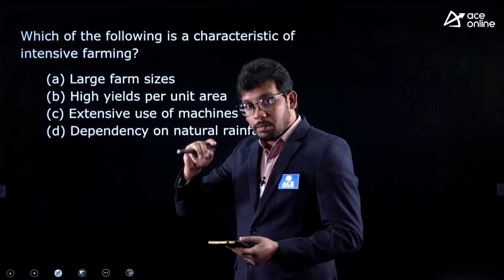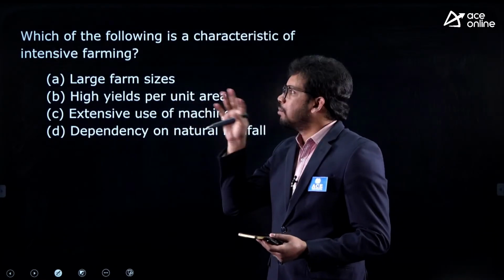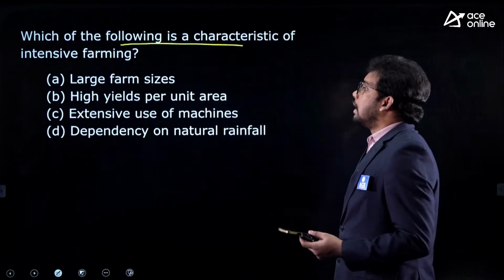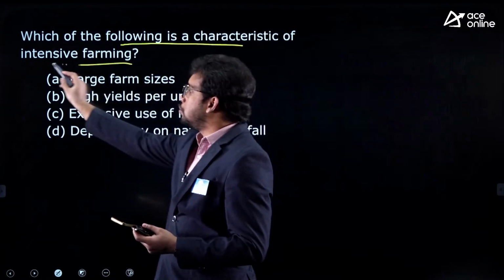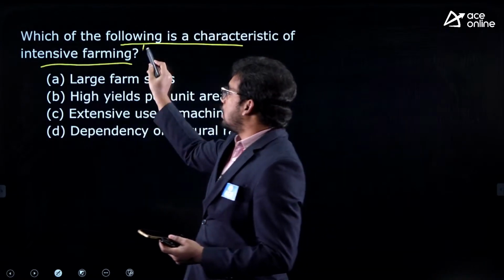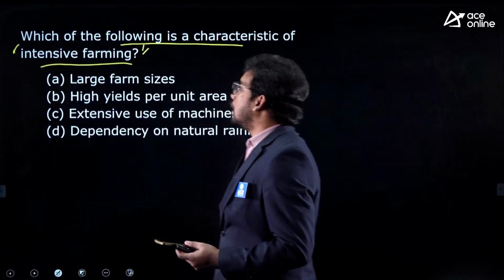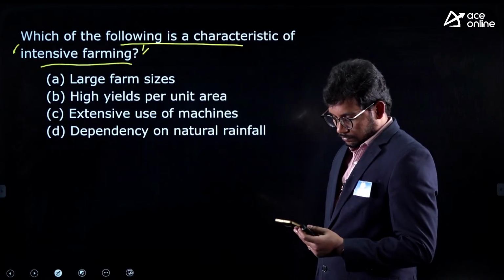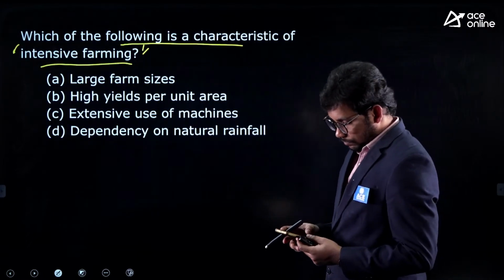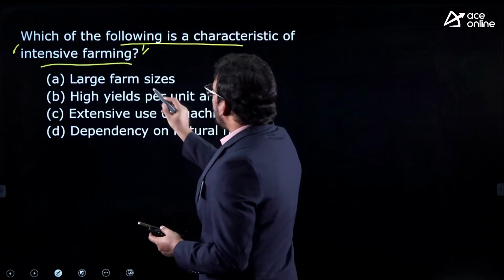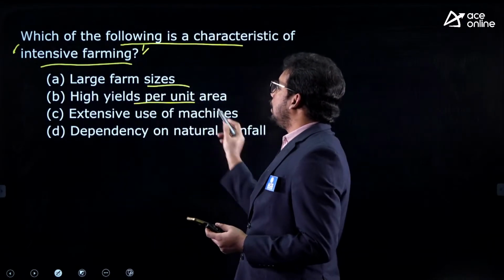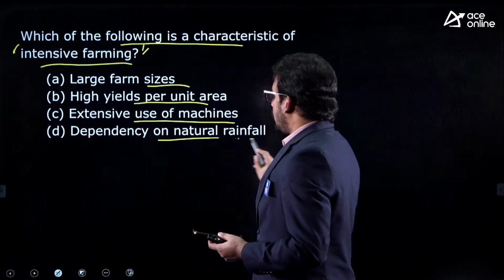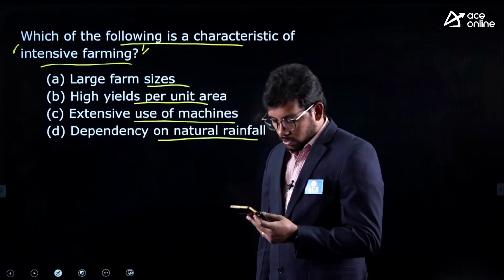Next one, this is a little bit tricky, a previous year question from some other railway exams, NTPC I guess. Which of the following is a characteristic of intensive farming? Large farm size, high yield per unit area, extensive use of machines, dependency on natural rainfall.